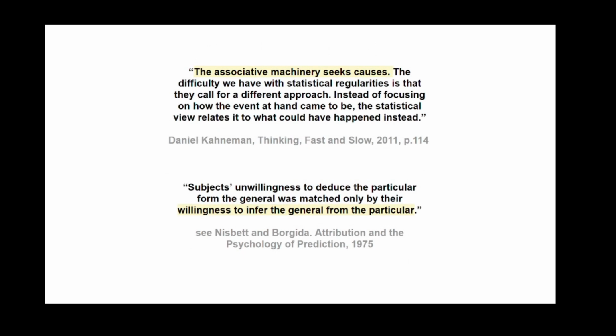Human psychology really works differently. We don't think in general distributions, and these error bars don't help much either. What we do is take one particular example and seek the causes of this example, and then we build a more general idea of how the general distribution might look.